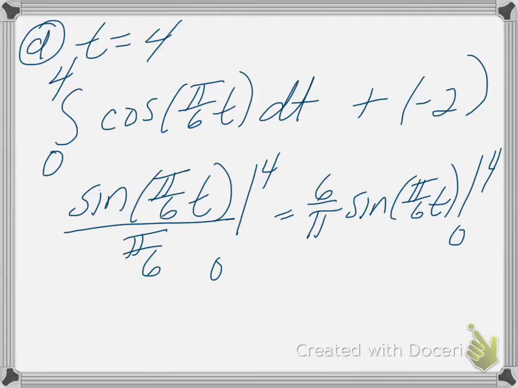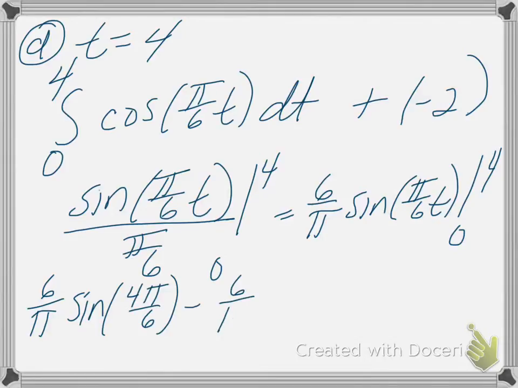So first we're going to put 4 in there. And then we're going to put 0 in there. Okay, and thankfully sine of 0 is just 0. And then don't forget, we still have this minus 2 we have to take out.